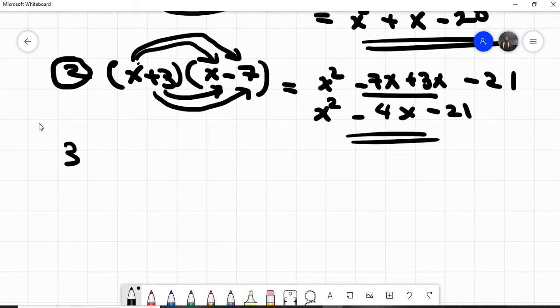Example 3. We are given x minus 4 times x plus 6.